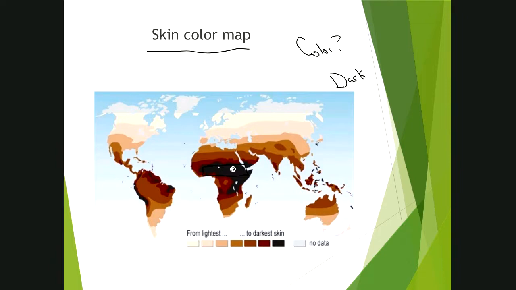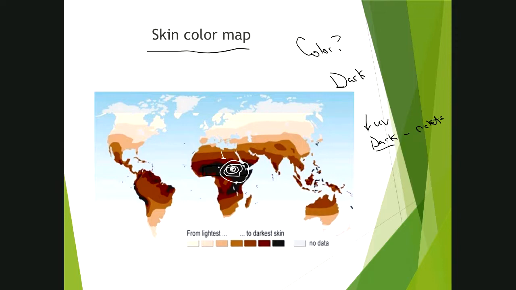But then something happened. What happened is these people started moving. As we got more and more humans, they started moving. And look what happens when they move out of their area. Now if you look right here, there's not quite as much UV light. So if you're very, very dark, when you're a child you might wind up getting rickets and you die, which means that you're not going to leave any offspring.